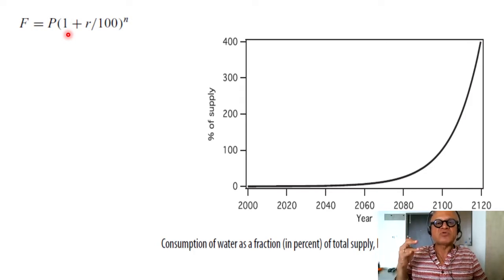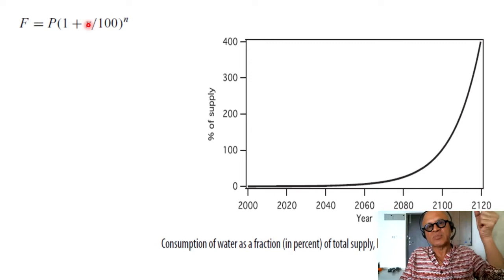So there is a simple rule which goes with this kind of exponential growth. That's called the rule of 72. Basically, if you divide 72 by the percentage growth per year, you are going to get the approximate doubling rate, the number of years it takes to double.